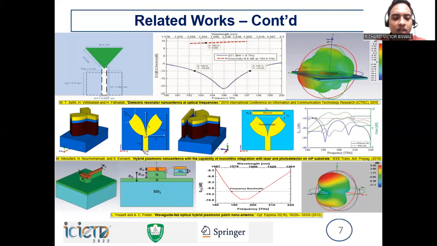Lastly, Yusuf et al. proposed the waveguide-fed optical hybrid plasmonic patch nanoantenna. The proposed device provides a bandwidth of more than 15 terahertz, a gain of 5.6 dB, and an efficiency of only 87%.